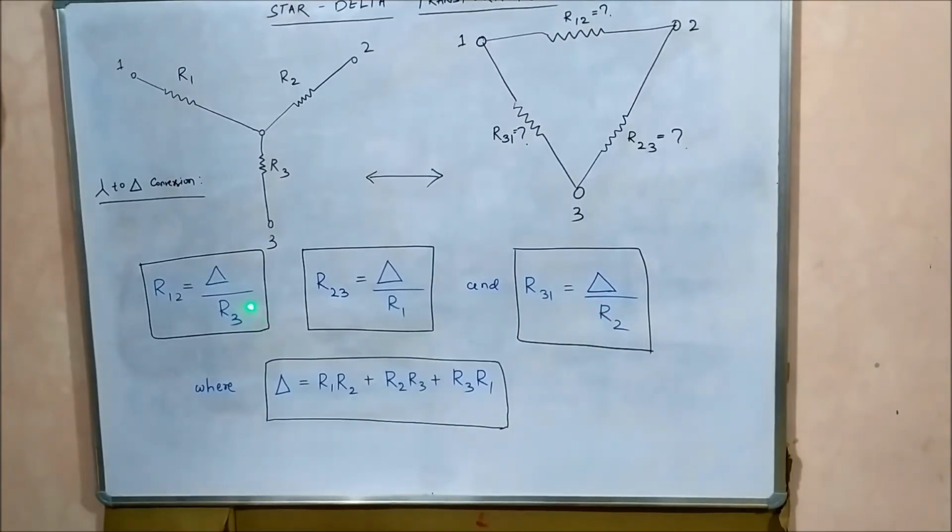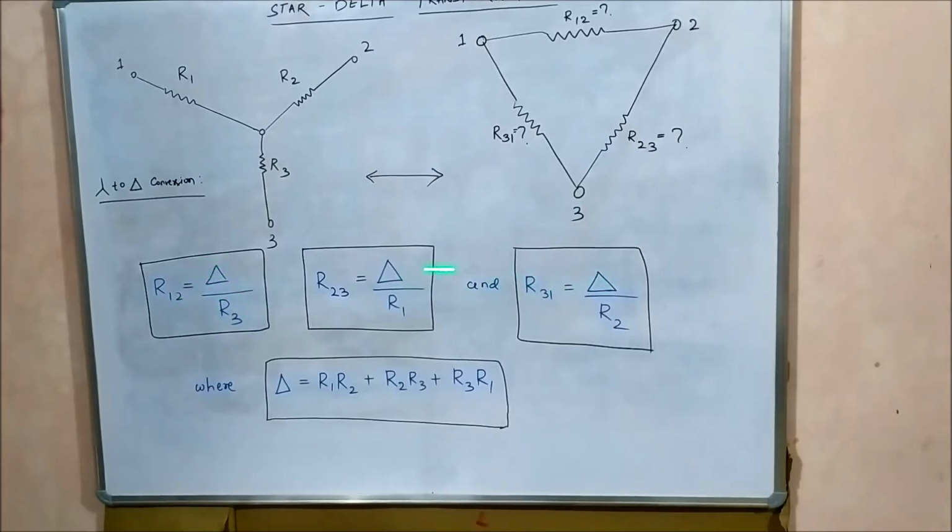Again I repeat that the values R1, R2 and R3 are known to us. They have certain resistance values. All we have to do is determine R12, R23 and R31 using this formula and the trick I just described. Identify the missing number in the subscript and divide by that resistance value in the denominator, and the numerator is fixed: R1 R2 plus R2 R3 plus R3 R1.